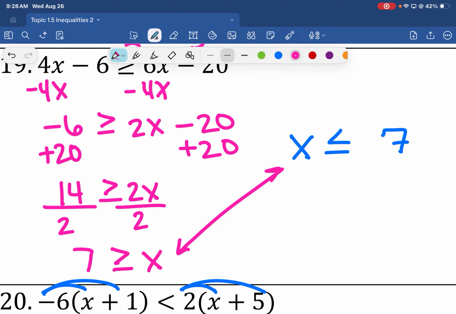At first I was putting the brackets in front of the negative sign. You can put a bracket on the negative side, but not with infinity. So if this would have been filled in, that's a solid circle. It can be a bracket right there, but infinity wouldn't get a bracket.